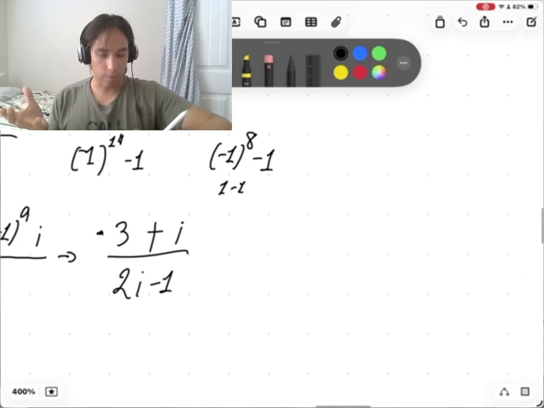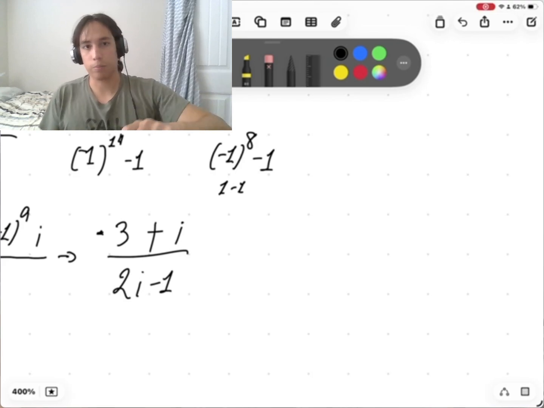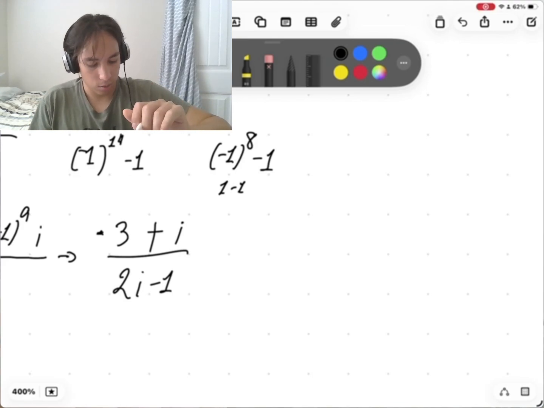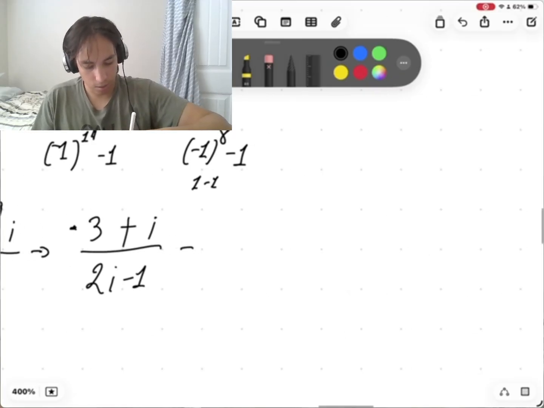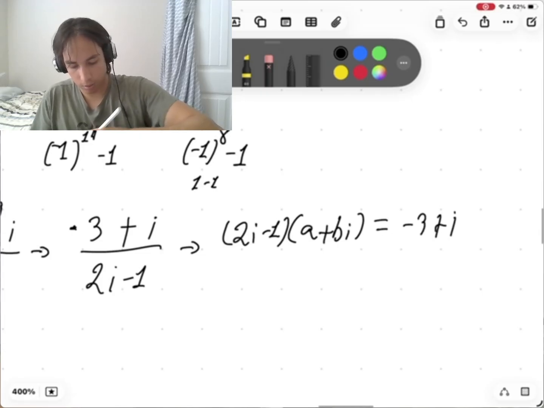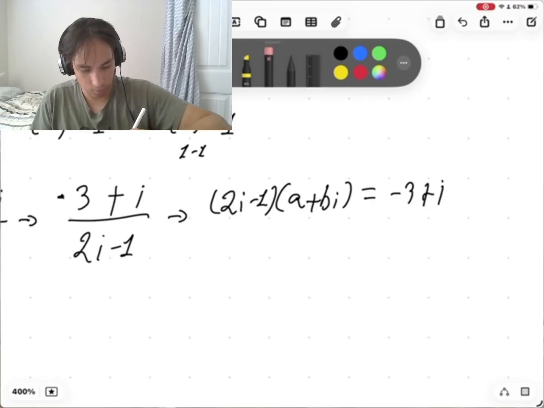And now we have a much more manageable fraction that we can simplify using our method, where it's 2i minus 1 times a plus bi equals negative 3 plus i. Oh, hold on.